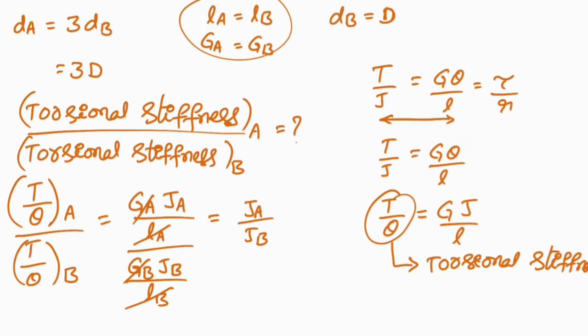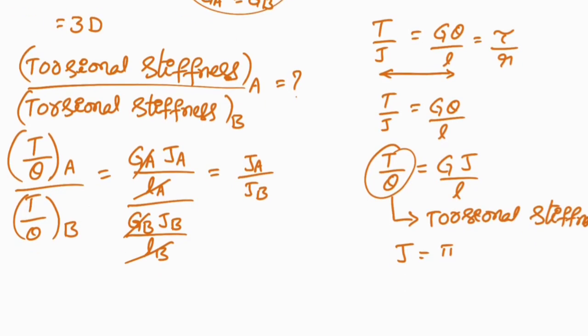But J, the polar moment of inertia, equals pi by 32 into d power 4.